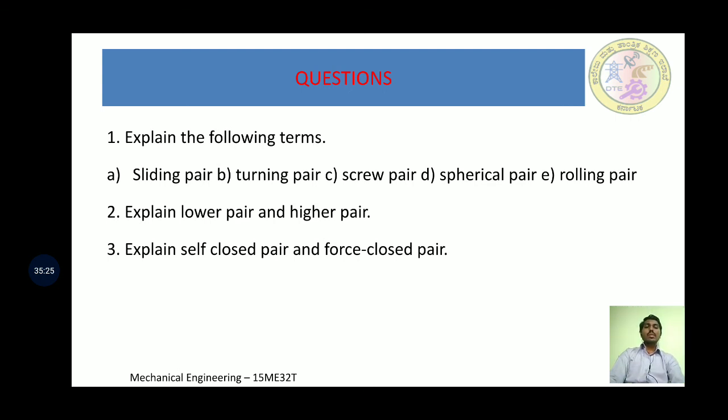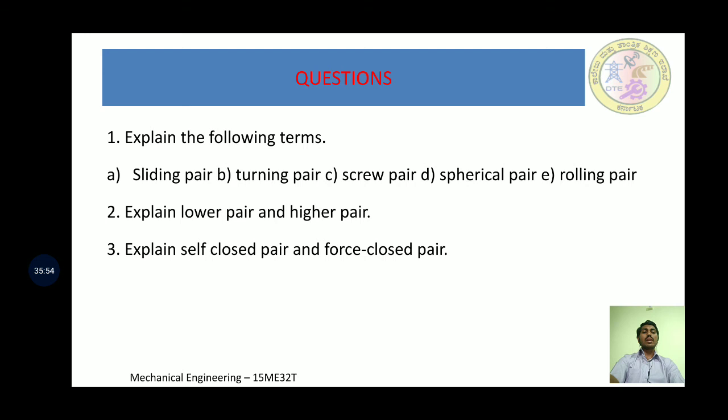Sliding pair means one can slide relative to the other. Example, piston and cylinder. Turning pair, one can turn or revolve about the other link. Example, a shaft with collar at both ends. Screw pair has a turning as well as a sliding motion between the two elements.